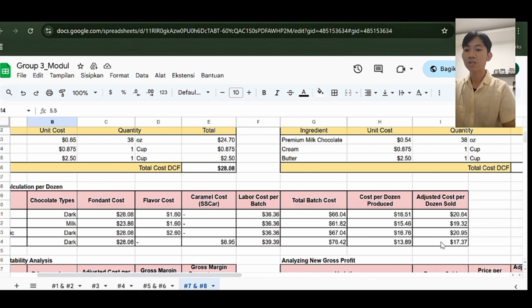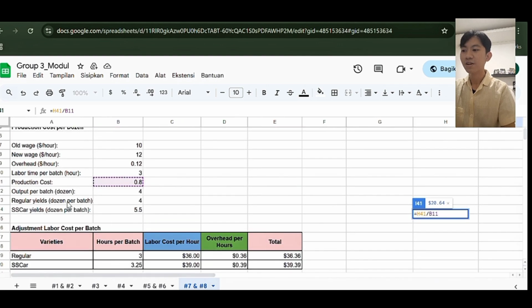On the right side we see the adjusted cost per dozen sold. As you know, 20% of the production will be samples for promotion, so we divide it by 0.8.